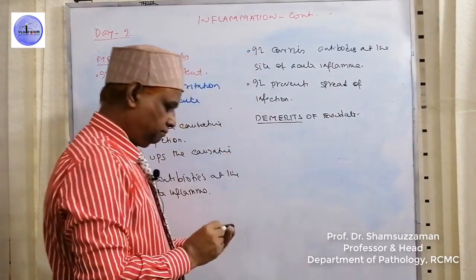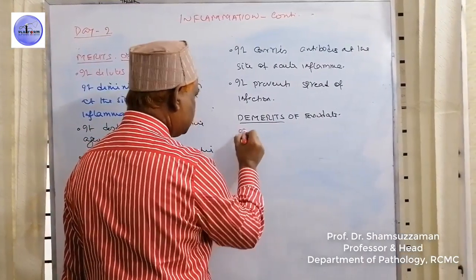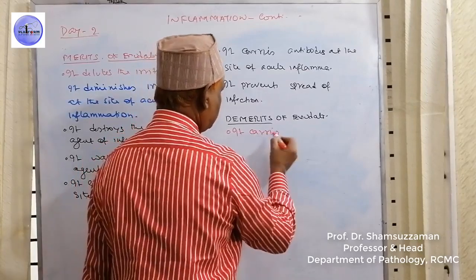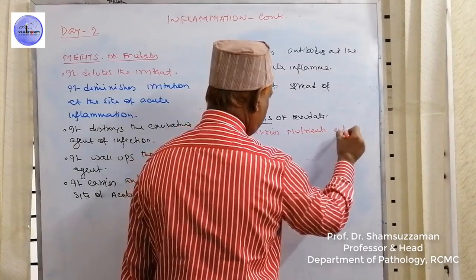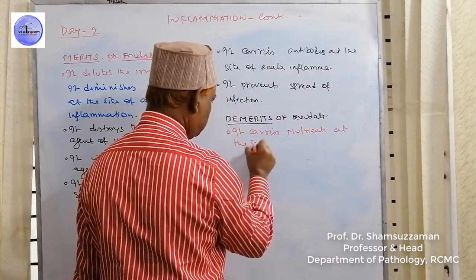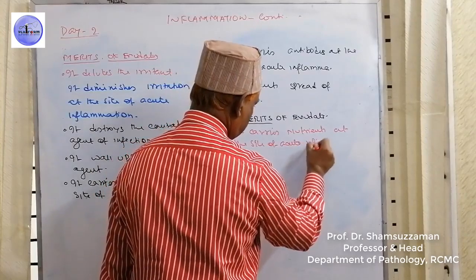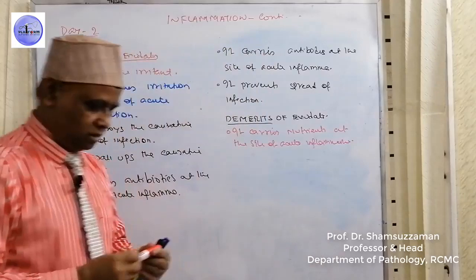What are the demerits? One demerit is exudate carries nutrients at the site of acute inflammation.